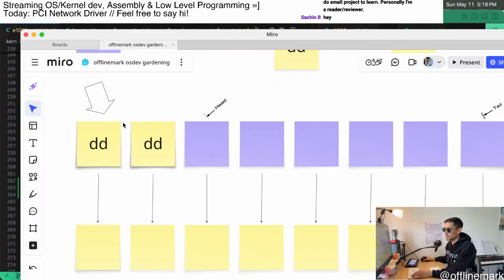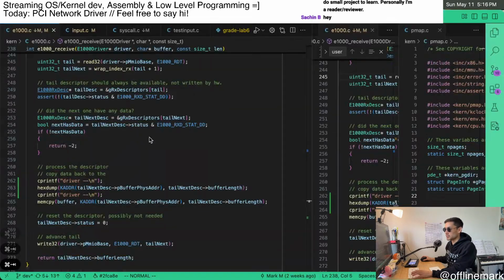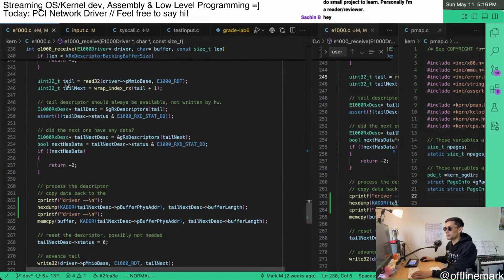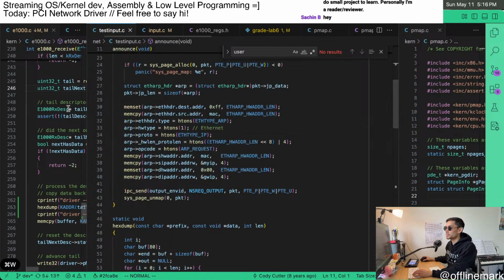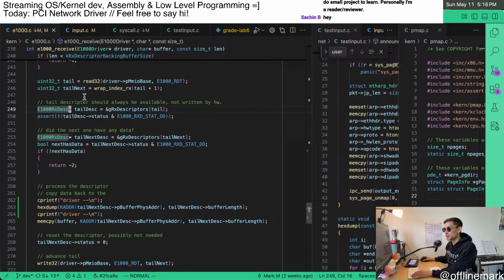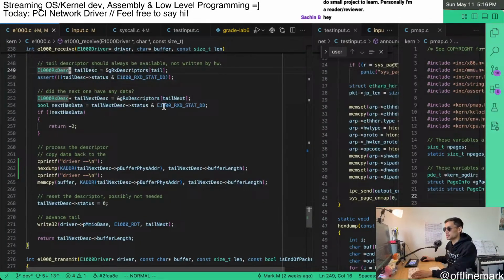So we basically look at tail + 1. We check if there's a DD bit here, which means that the hardware put something there. And that's what we see in the code right here. We get the tail, we look at the tail's next one. Ignoring a few details, we check if the next one has the DD bit set.